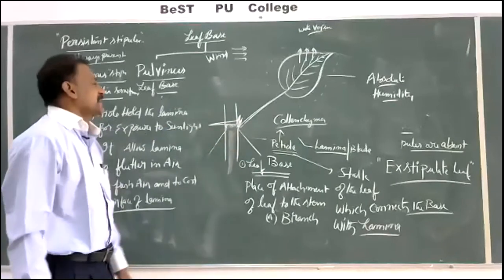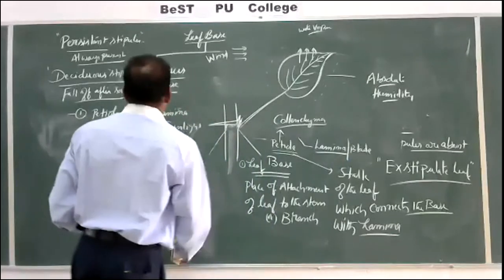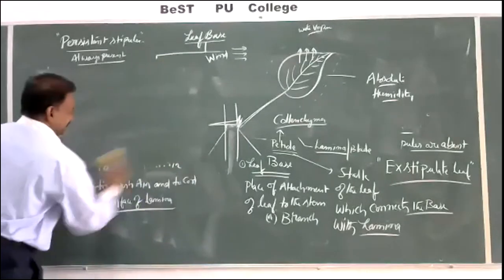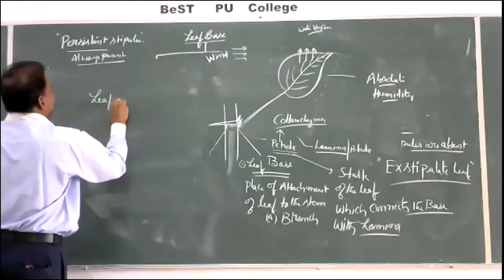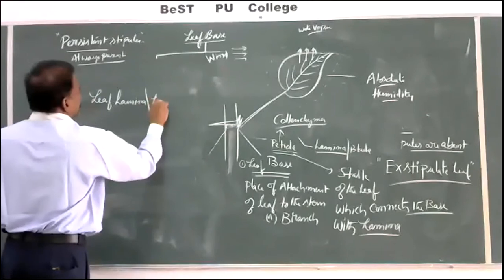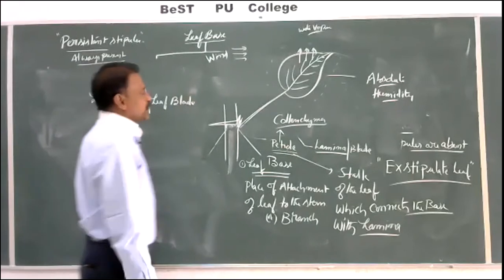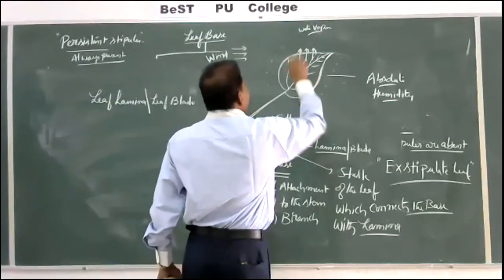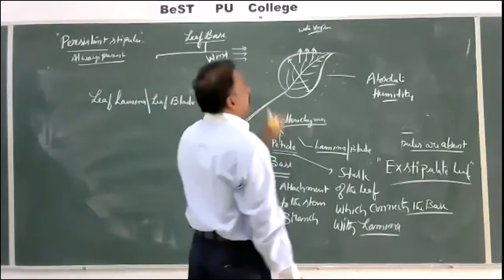Now, the last part, that is the leaf lamina, or leaf blade. When we study it, this is the expanded, thin, flat, green part having a large surface area.